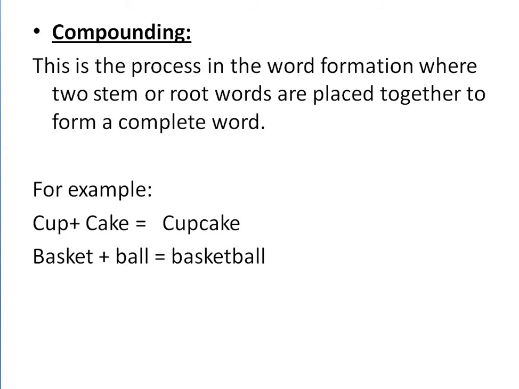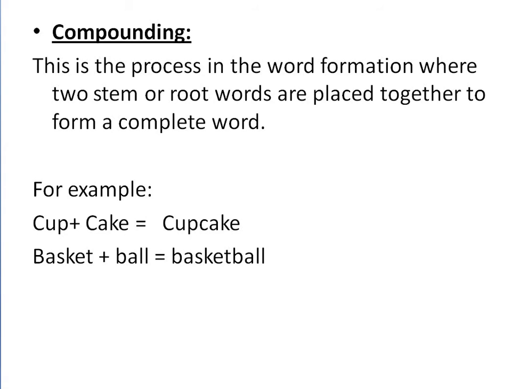Again, the ball is a free morpheme, a word that can stand on its own and carries the basic meaning. It's a stem, or we can say the root, or the base. So basket and ball are placed together to form a new complete word, basketball.